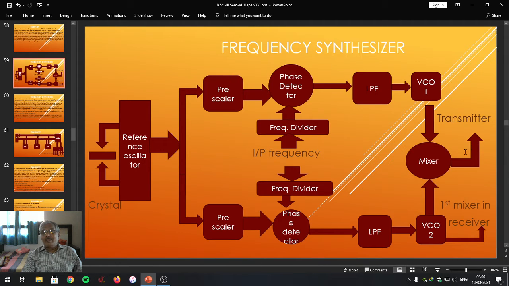Analogously, the output of VCO2, whatever frequency it generates, is the required local oscillator frequency for the first mixer that receives the input signal from the receiving antenna. They undergo the superheterodyne principle and generate the first IF of something like 82.2 megahertz. So that is the role of the frequency synthesizer.